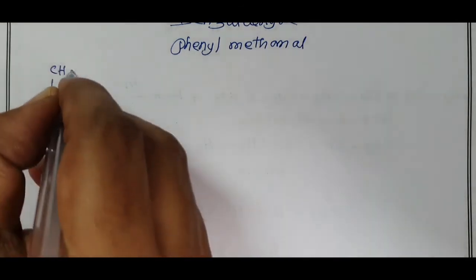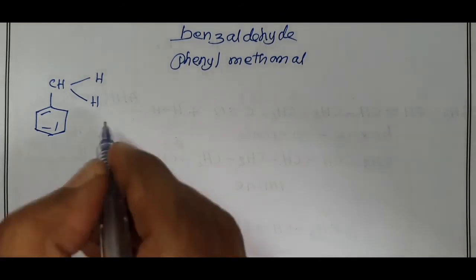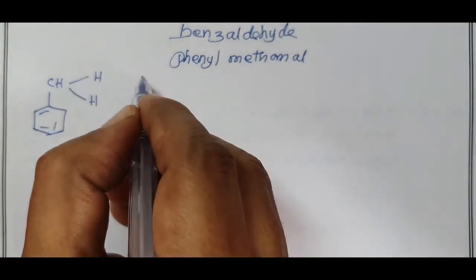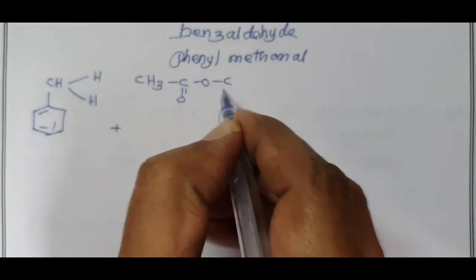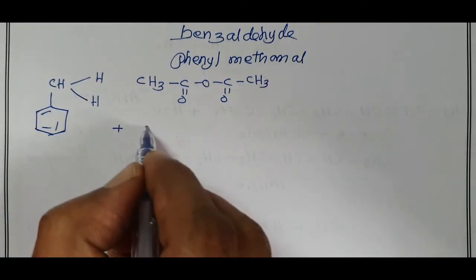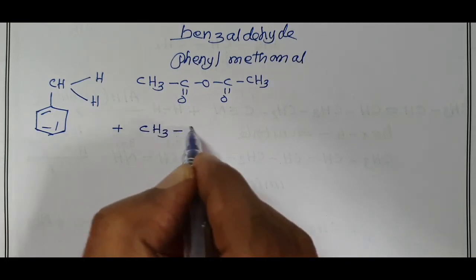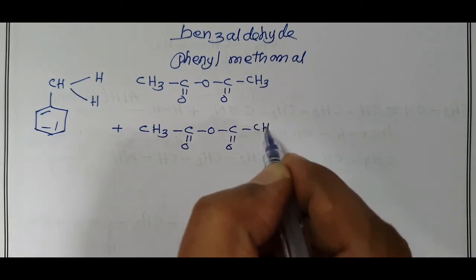Same toluene, C6H5, here you have 1 CH, then 2 hydrogens I separated from the methyl carbon. Two molecules of acetic anhydride: we know the molecular formula CH3, C double bond O, O, C double bond O, CH3. That is 1 molecule of acetic anhydride. Another molecule of acetic anhydride, CH3, C double bond O, O, C double bond O, CH3.